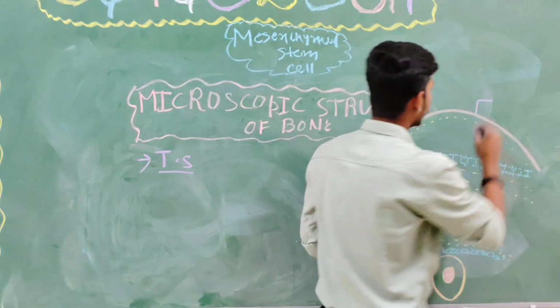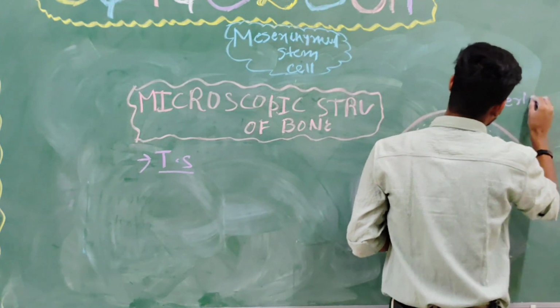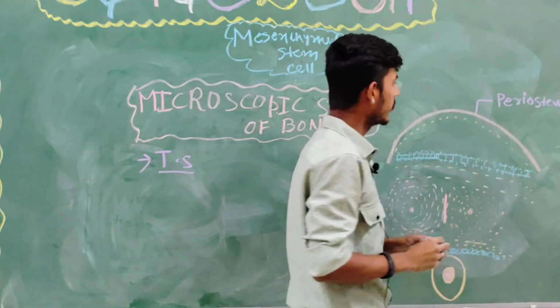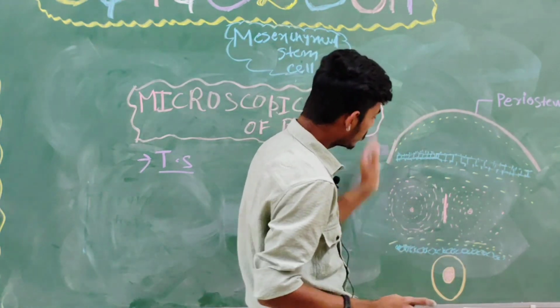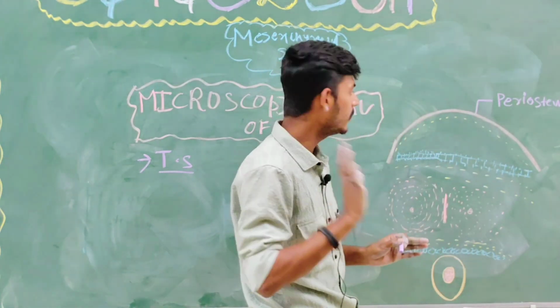Yeah, very good. It's the periosteum. Write it down. The periosteal lining is present on the outer aspect of any bone.